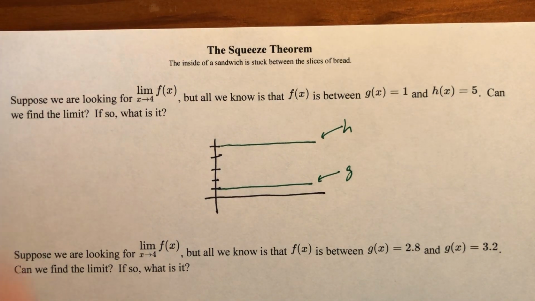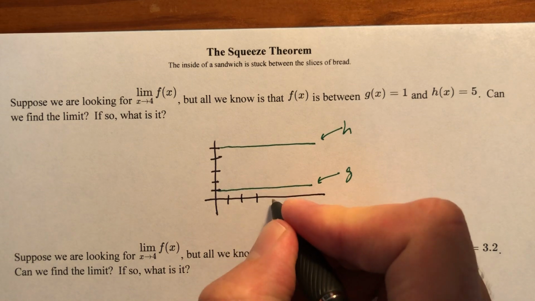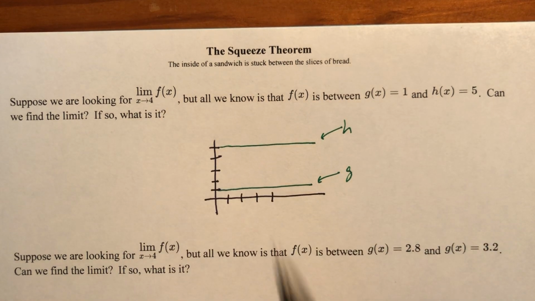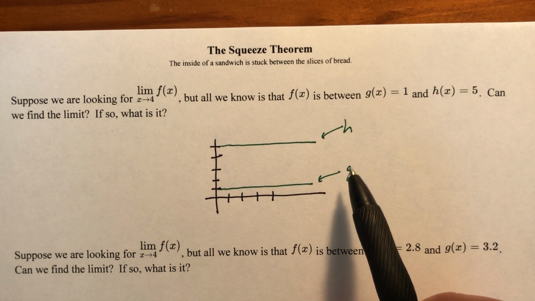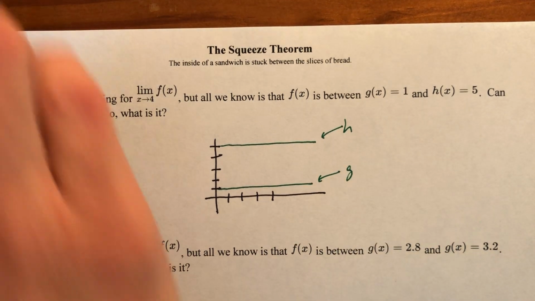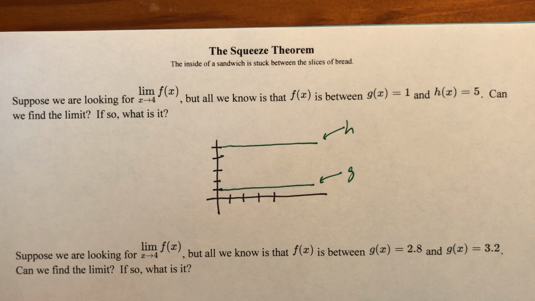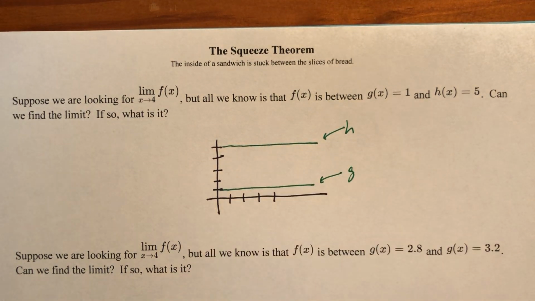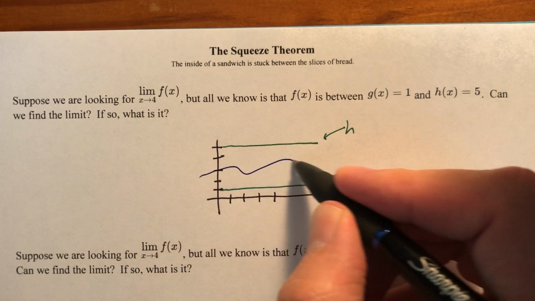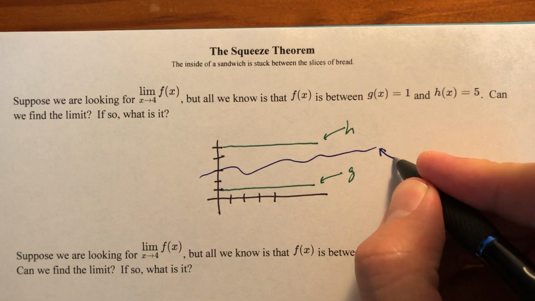And I want to know what happens at 1, 2, 3, 4, the limit as x approaches 4 for f. And all I know is that f is between g and h, not alphabetically. So I'm switching colors. I'm going to go to blue for a second, and we're going to put the f function. I'm just making something up, and it's totally okay. Here goes f. It's in between them.